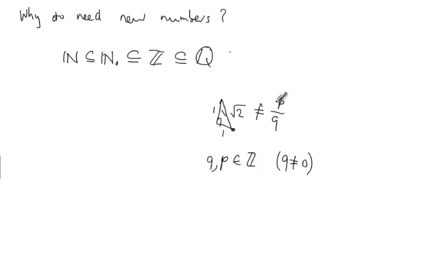So then, this is a rational number, which is expressed as a ratio, 1 over 2, 3 over 2. Now, this is irrational. This is rational. Now, this is not equal to something like this. Then we say, this is irrational.